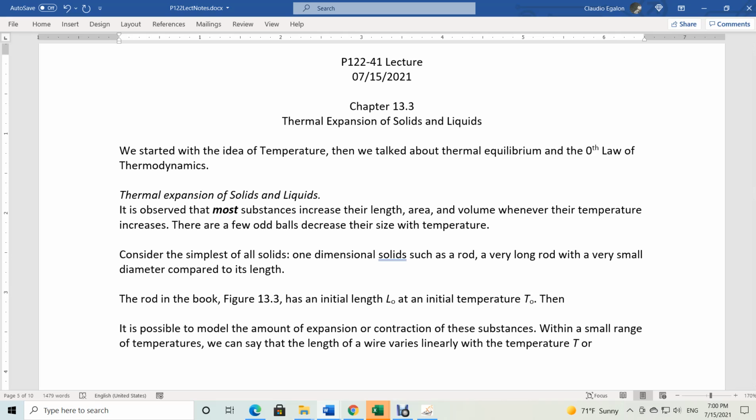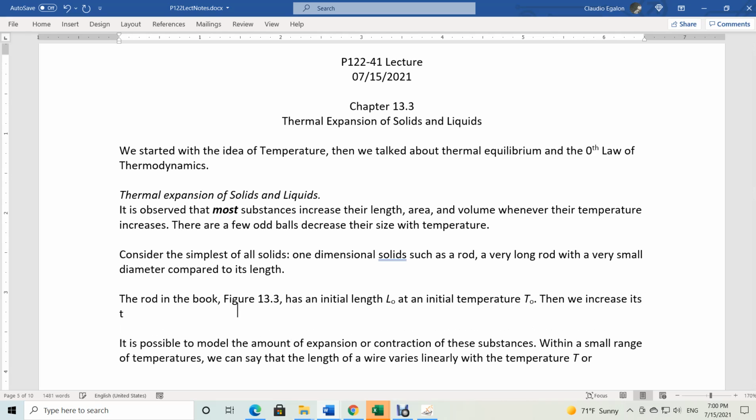Then we increase its temperature to a value T, T that's greater than T naught.